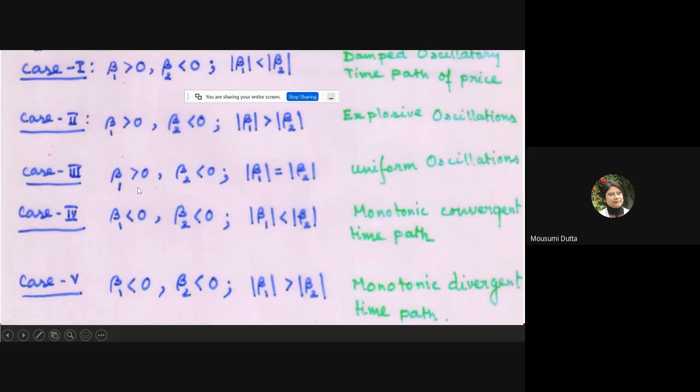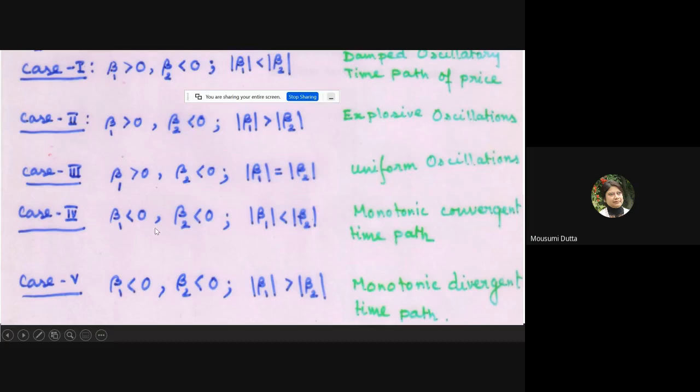Beta 1 positive, demand curve is negatively sloped, supply curve is positively sloped, mod beta 1 exactly equal to mod beta 2, you will get uniform oscillation. Or mod beta 1 by beta 2 is equal to 1, you will get uniform oscillations.